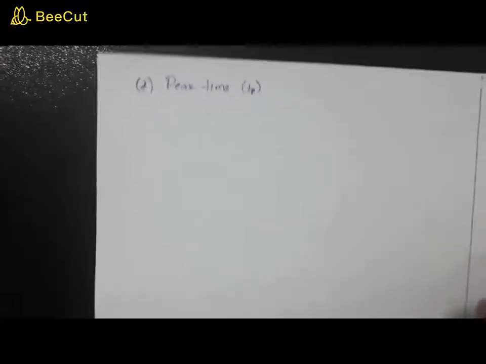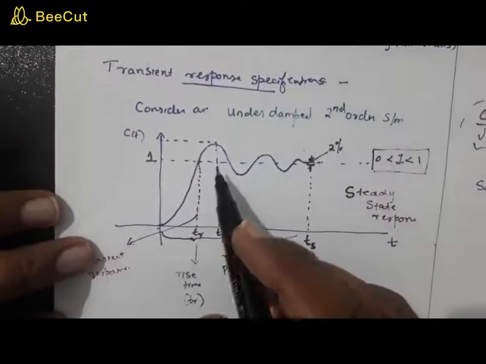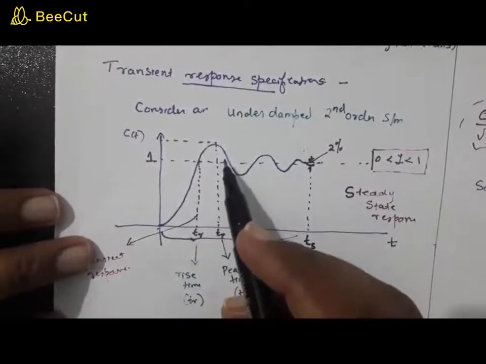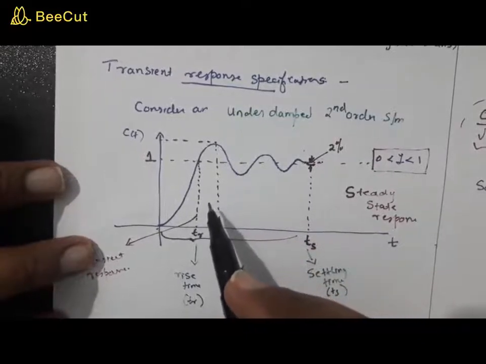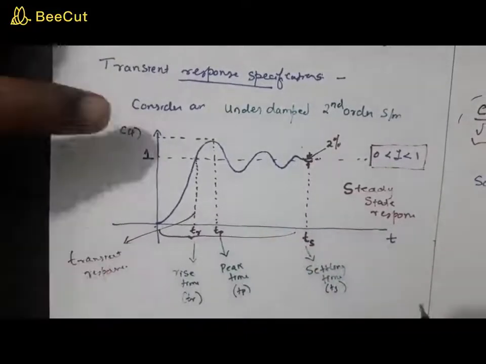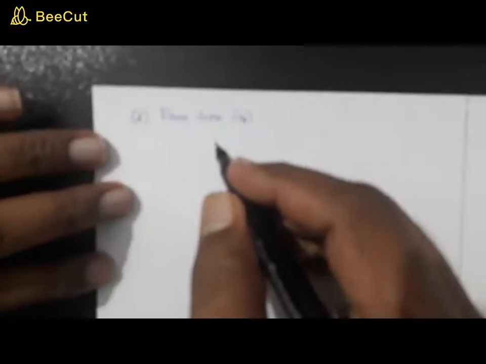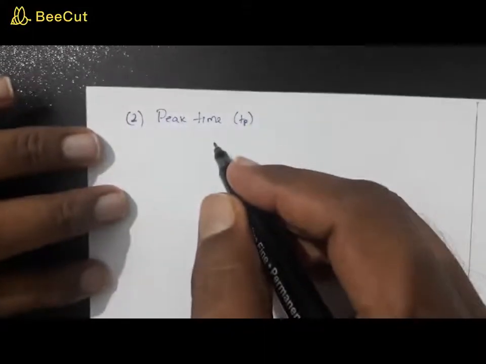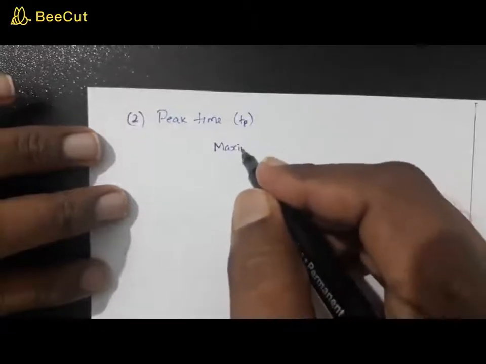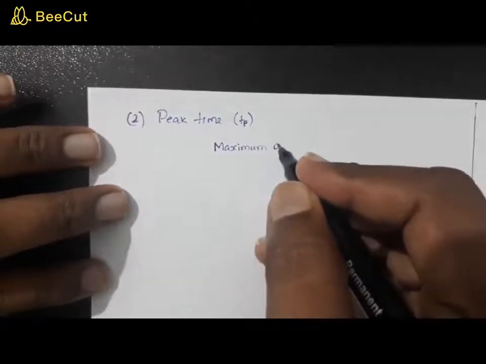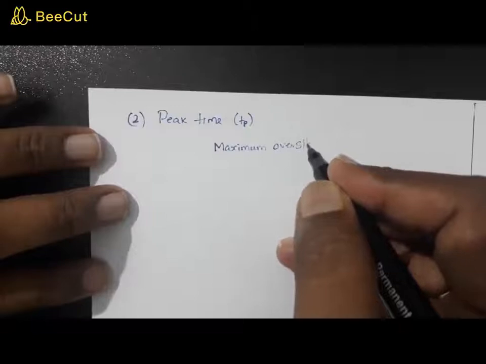Now the second specification is peak time, TP, as I have shown in this figure. Now how will you define this peak time? Before going into this peak time, you need to have one more term. I'll just define it and we'll come to that later in the derivation part. We'll have to see a term called maximum overshoot.